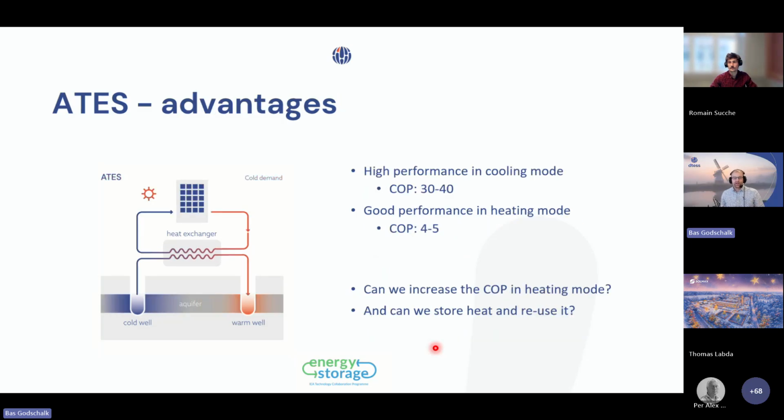Now, when you apply the system, the interesting part is that by using the cold water, 5 to 10 degrees, you can directly cool your building. And that means that you need a very small quantity of electricity to cool the building, so that generates a very high coefficient of performance between 30 to 40, which means 1 part of electricity you can generate 30 to 40 parts of cold.